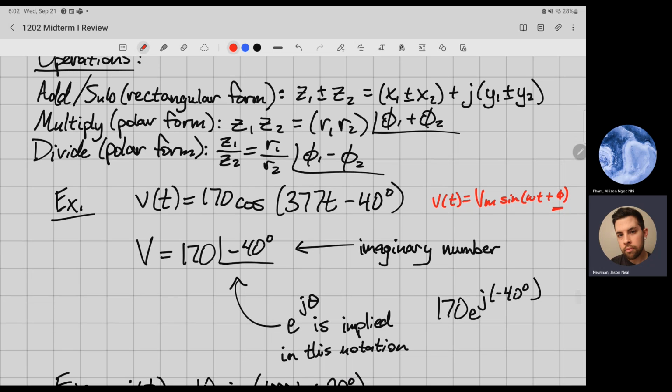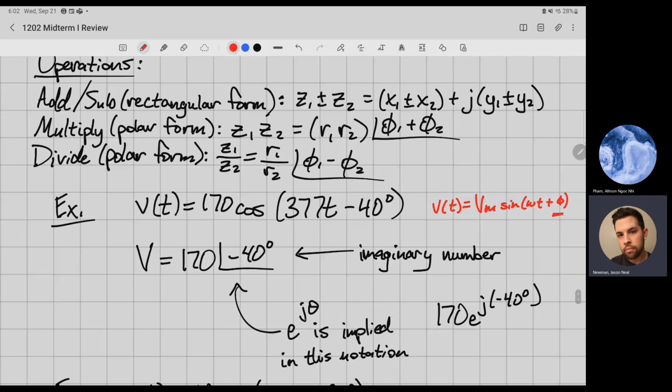Whenever you have a phasor, you need to understand that you're messing with an imaginary number. It's a complex number. So what I wanted to say to you guys is e to the j theta is implied in this notation. Whenever you see a phasor, there is an e to the j in between there.